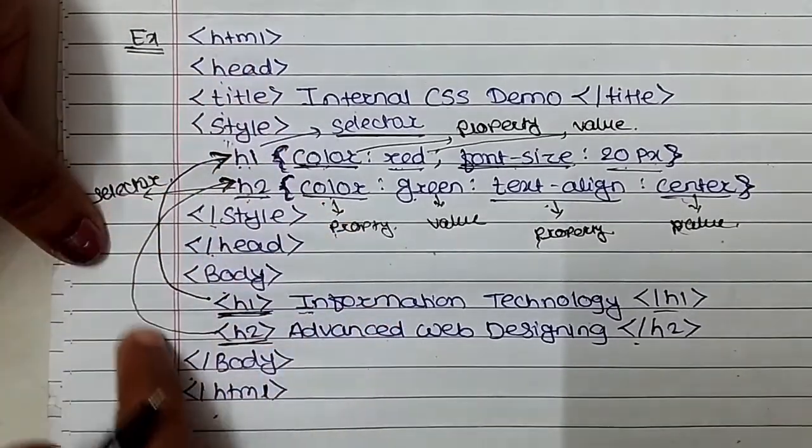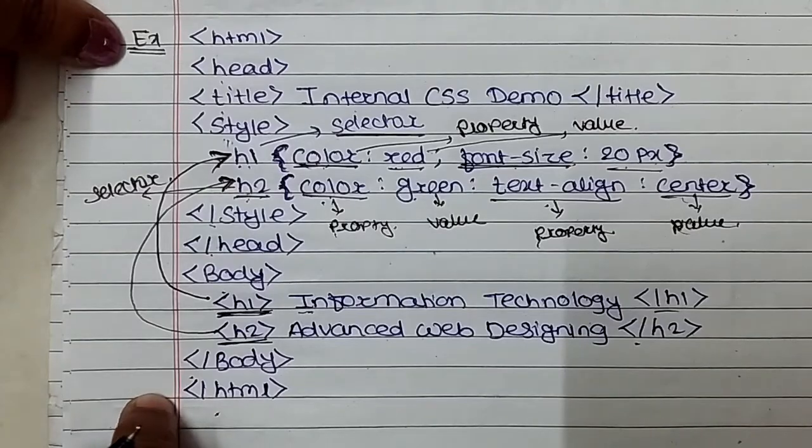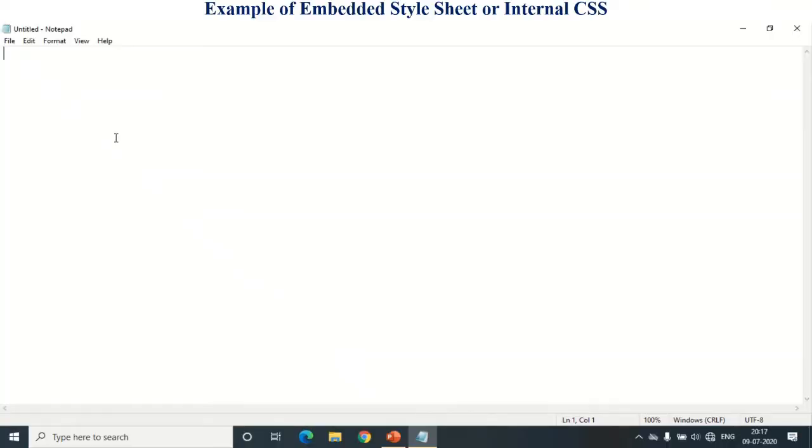We will do this example practically and see the output of this program. So we will start. Type HTML, next head, next the title tag, which is used for giving the title of the document.